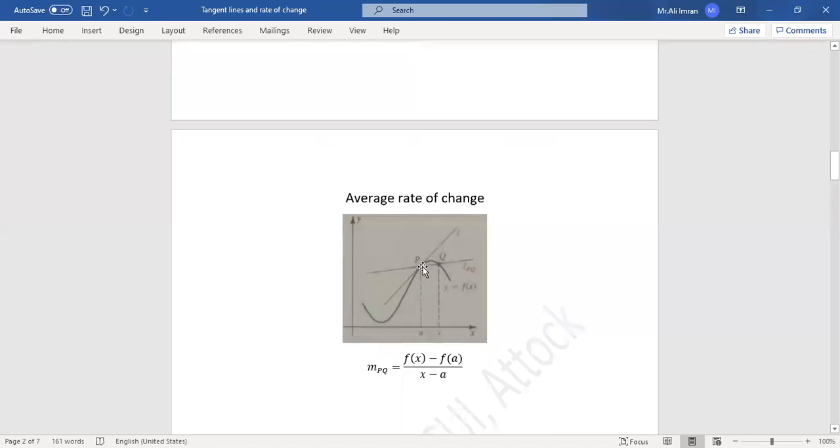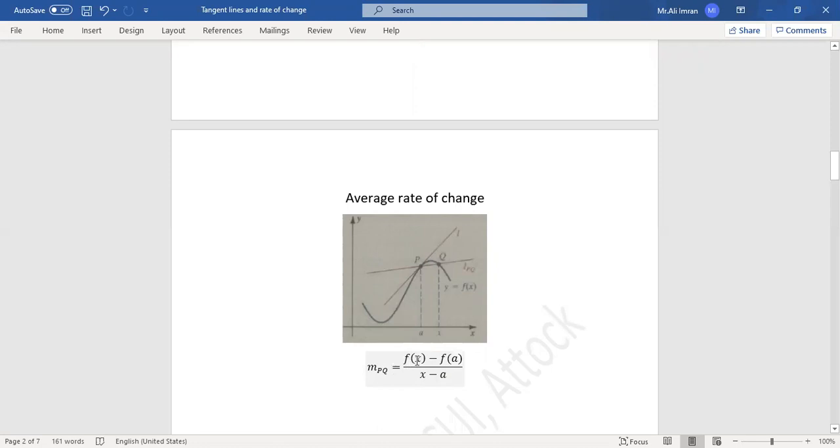A point moves from point P to Q. Initially, the point is at point P, and we have drawn a tangent line at P. After time T, this point moves toward point Q, and this is the secant line which touches the points P and Q.